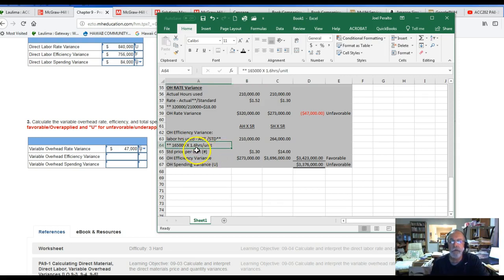So I believe our calculation here would be the same. 165,000 units at 1.6 hours per unit, and that's the overhead hours. So standard hours, okay.